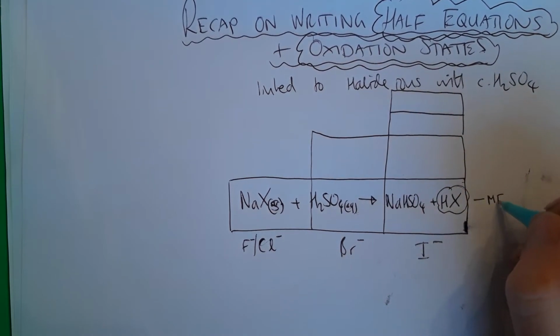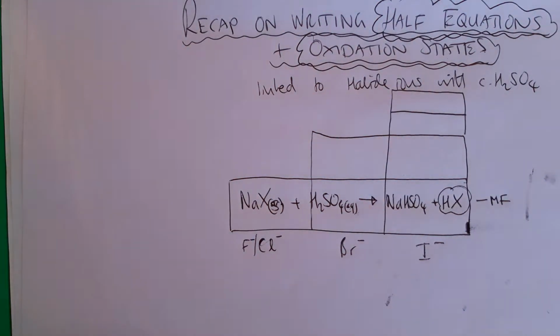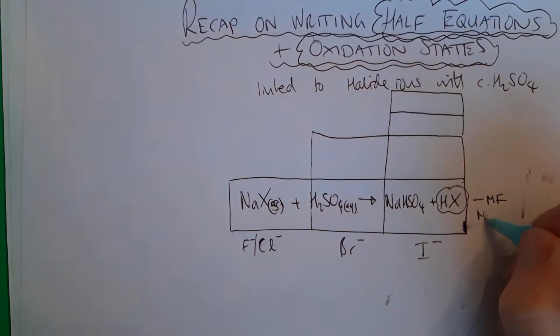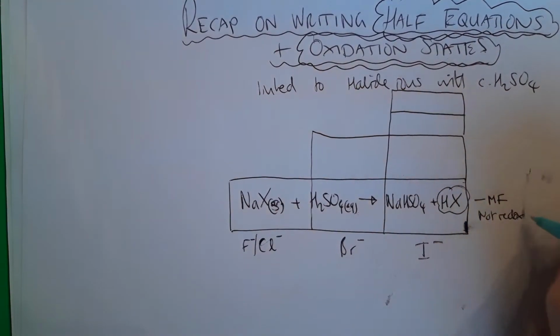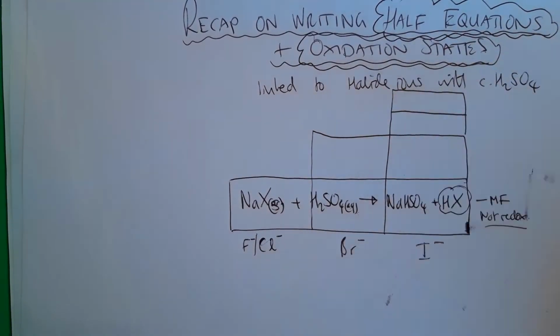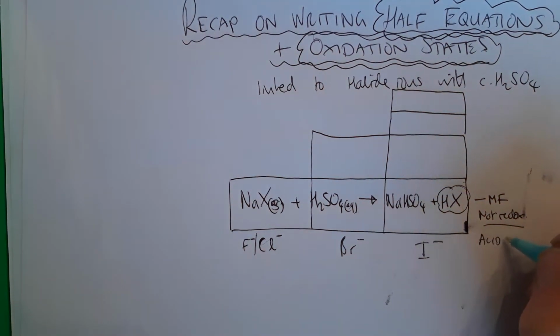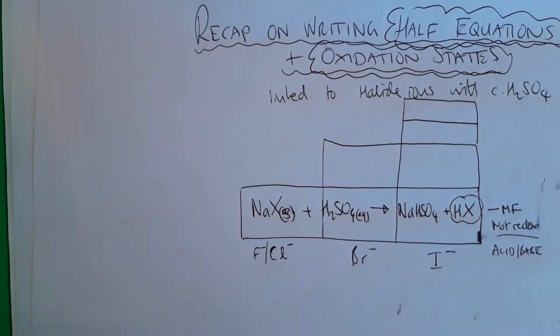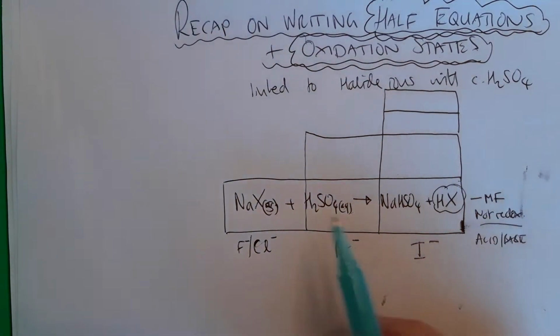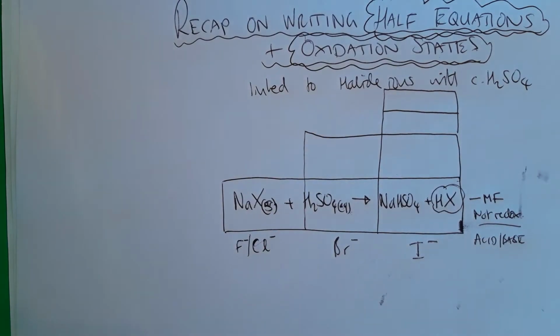I'm going to write MF, misty fumes, for the observation. This is not redox. Something I didn't mention last time: if it's not redox, what is it? The answer is an acid-base reaction. That's what you'd write in the exam. The acid is getting neutralized in a way. It's not redox, it's acid-base.